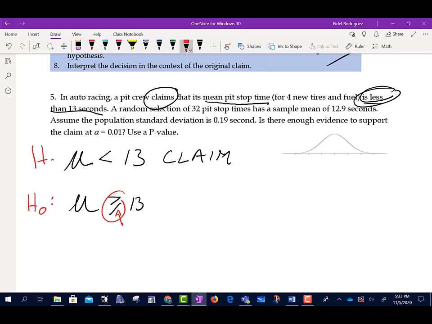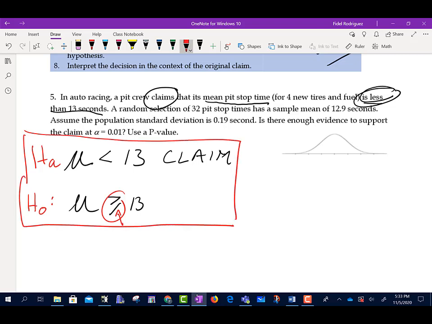Then this one here is going to be my HA. Because my HA is pointing to the left, this is going to be a left tail test.